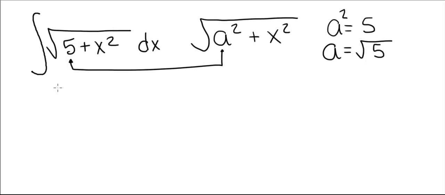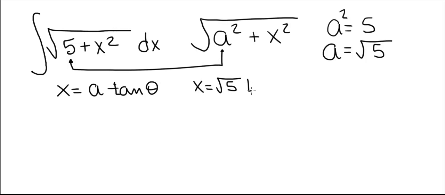Now the standard substitution is to let x be a times the tangent of theta. So in this case, x equals the square root of 5 times tangent of theta. dx is equal to the square root of 5 times secant squared of theta d theta.